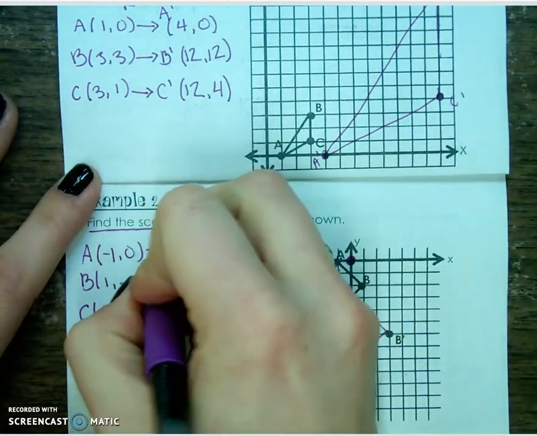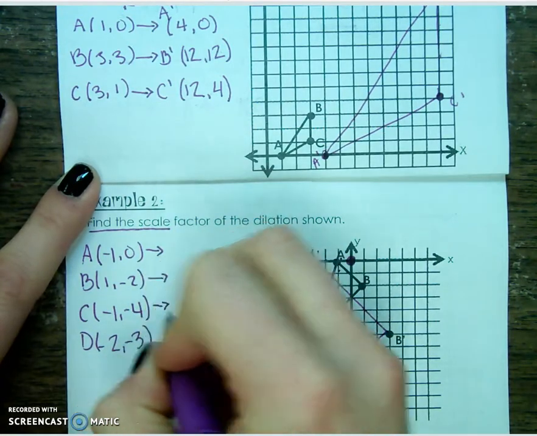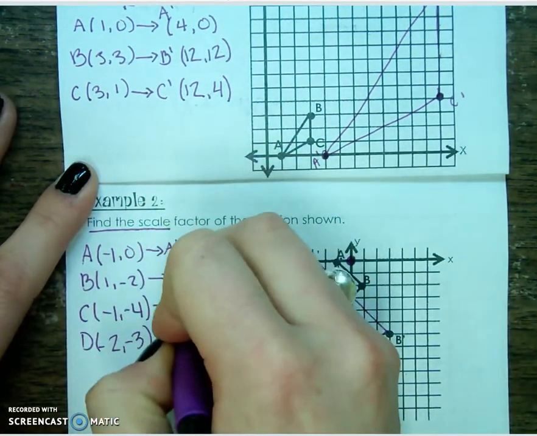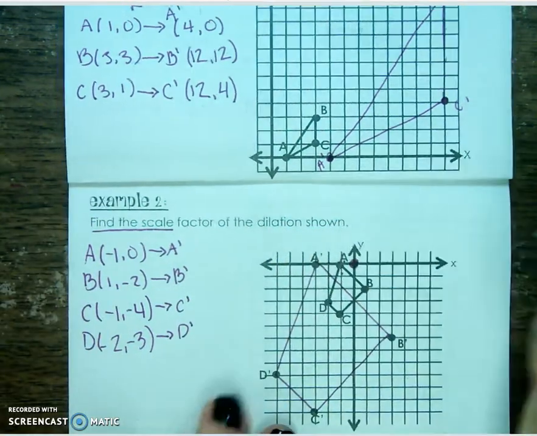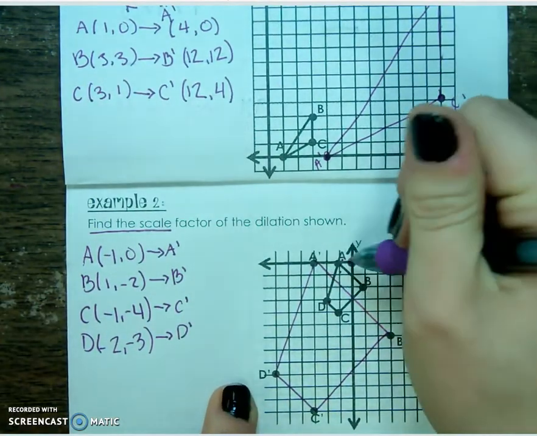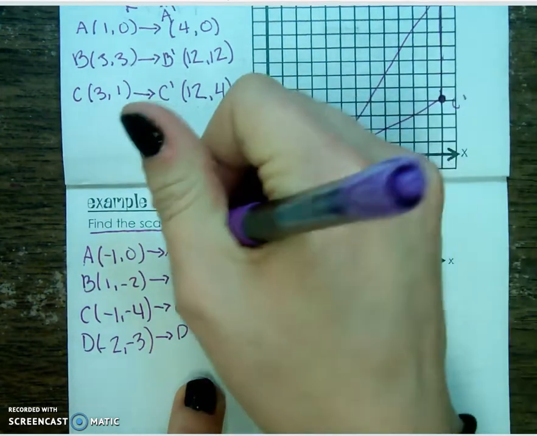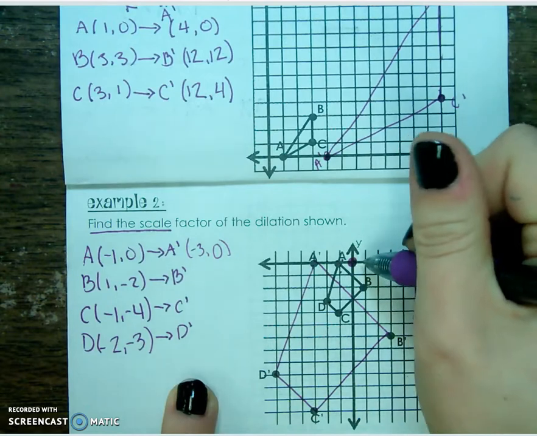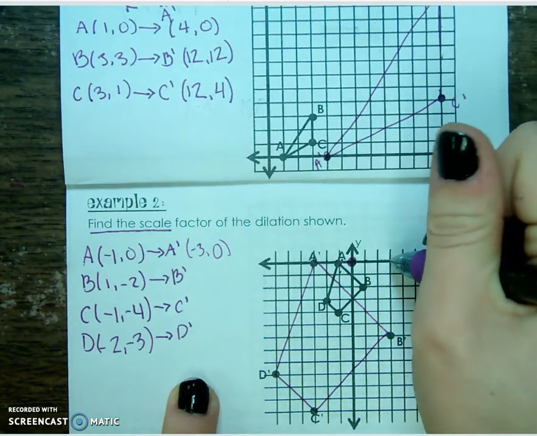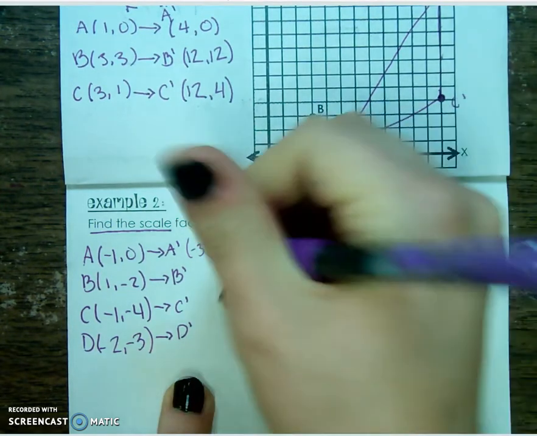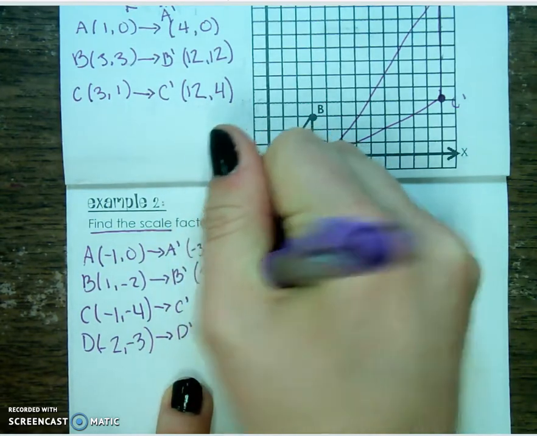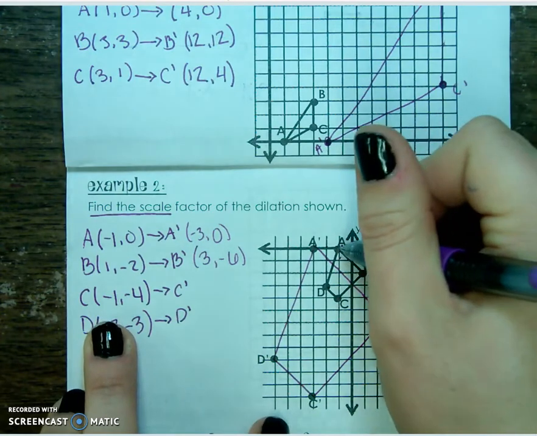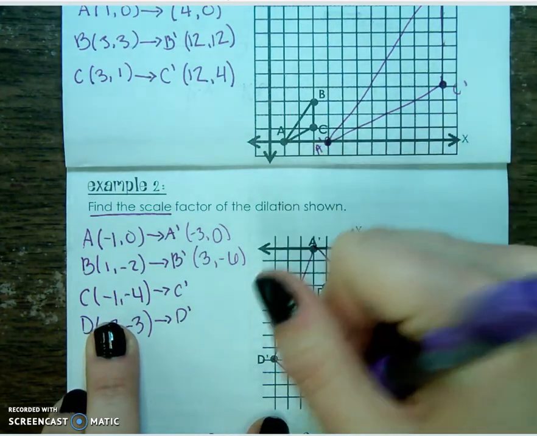And now we need to figure out what happened to get it to this A prime, B prime, C prime, and D prime. The coordinates for A prime are (-3, 0). The coordinates for B prime are (3, -6). The coordinates for C prime are (-3, -12).